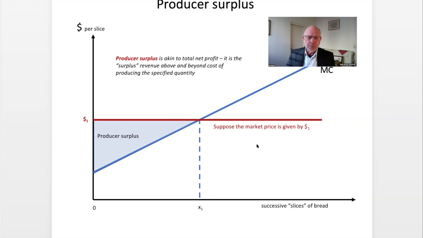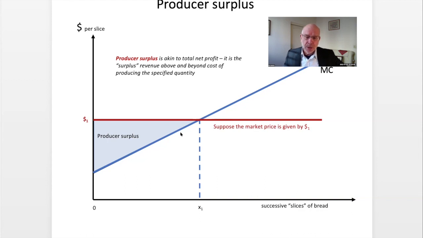So the producer surplus then, if indeed this is the marginal cost curve, and they're looking at the same price that the consumer was looking at, well, then the producer is going to keep bringing supply to market up until the point where the price that they receive by selling the good is no longer more than the amount it costs them.